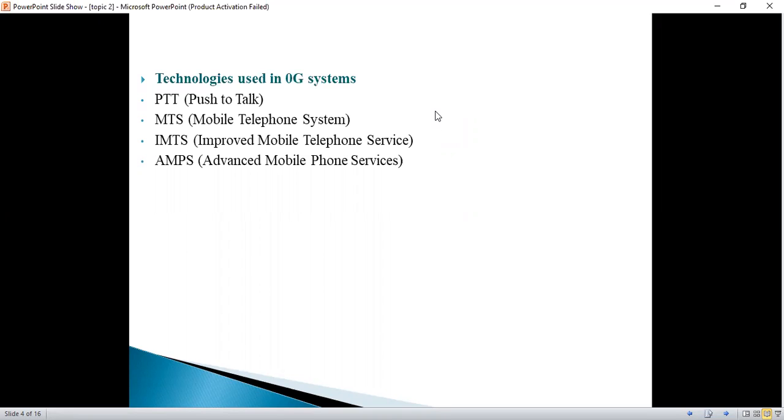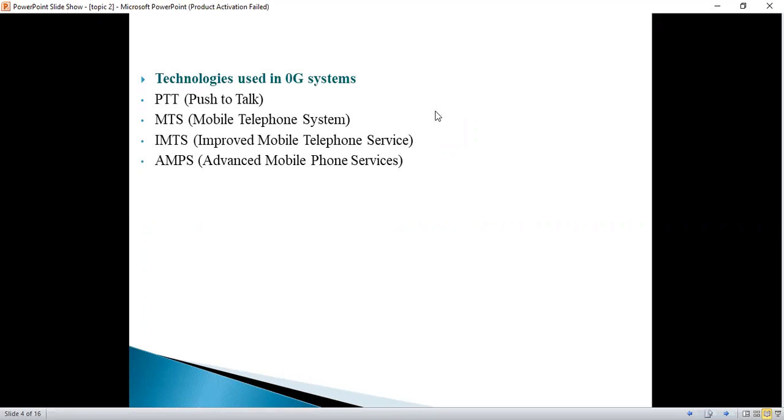Then we have mobile telephone system. Mobile telephone system indicates that it was a half duplex system. What is half duplex? We have learned in our previous slides, in the transmission modes.